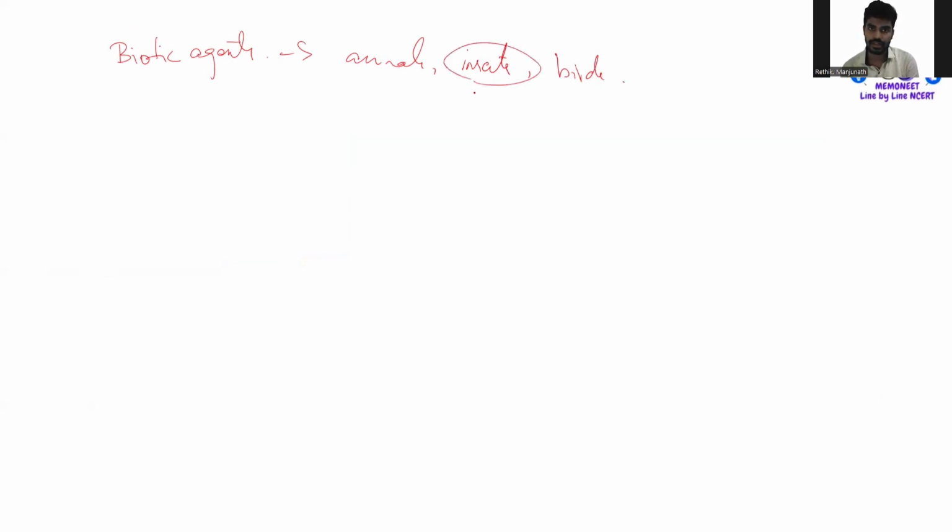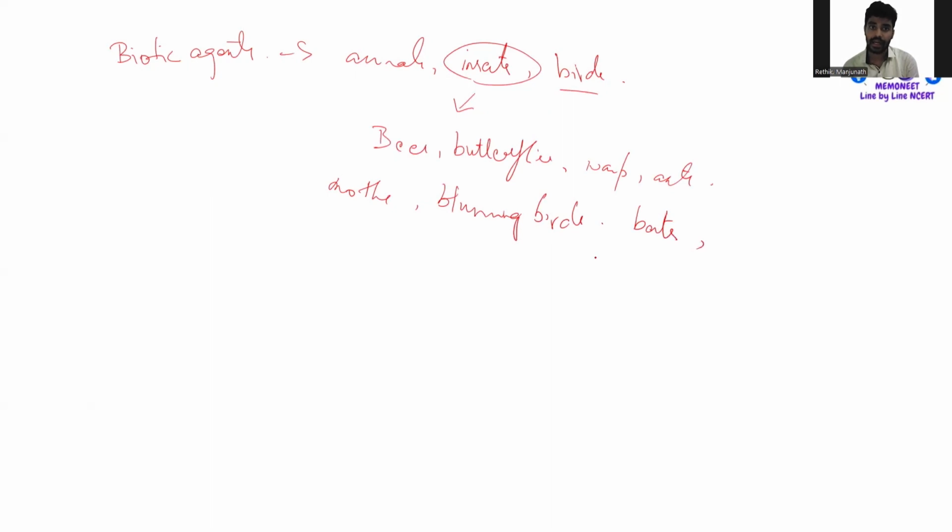Such as insects, it means bees, butterflies, wasps, ants, moths, and even birds such as hummingbirds, even bats, and when it comes to animals, some of the reptiles.